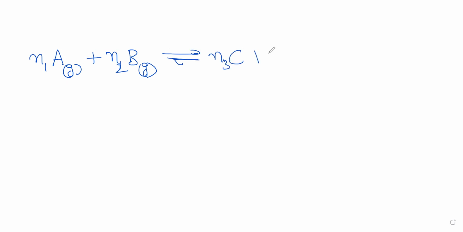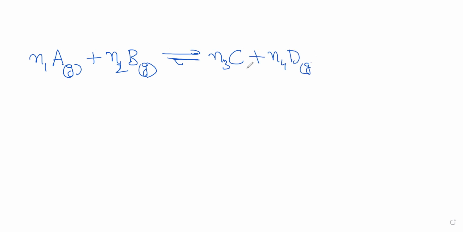Now let us consider the general reaction. The general reaction is N1 moles of A gas plus N2 moles of B gas giving rise to N3 moles of C gas plus N4 moles of D gas.